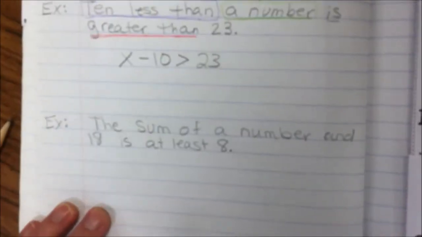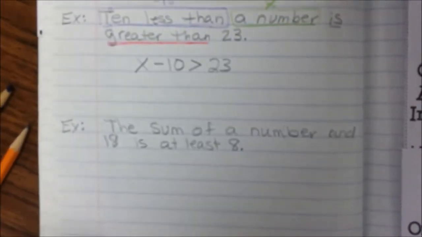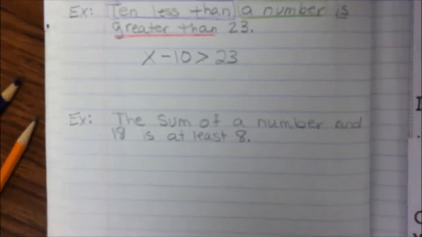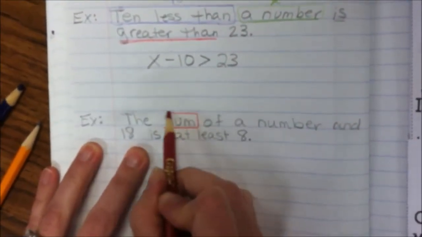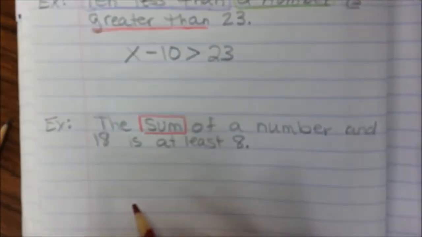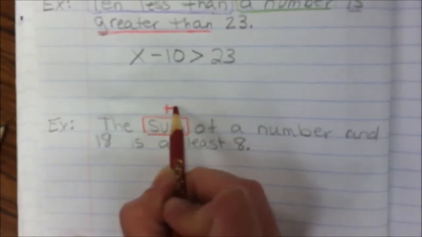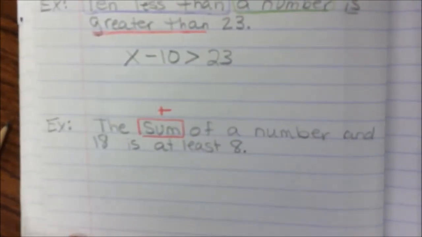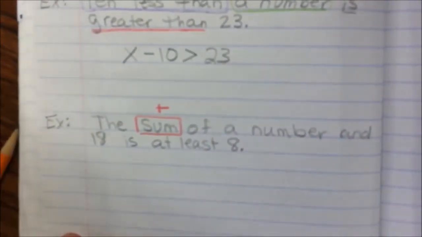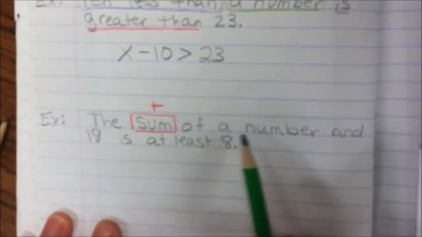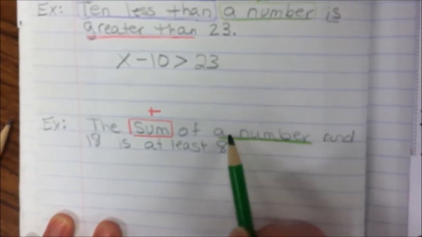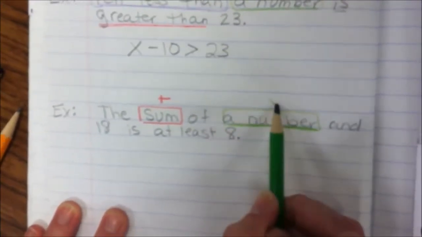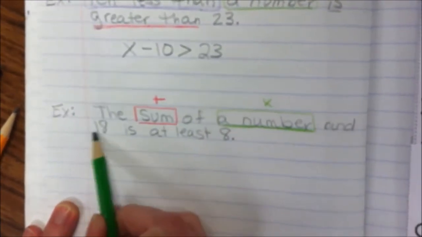Okay, the hardest part of this is writing it out after you've read the words. So let's look for keywords. We have the sum. Sum means add, so we know we are adding. And what we are adding, the sum of a number, so we're going to call that x, and 18.